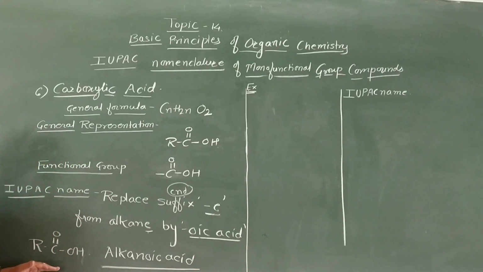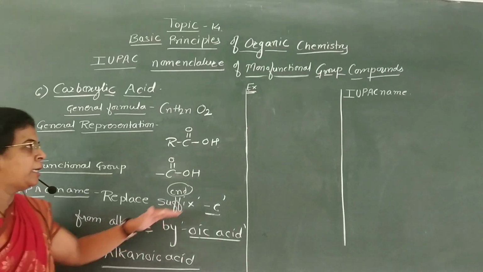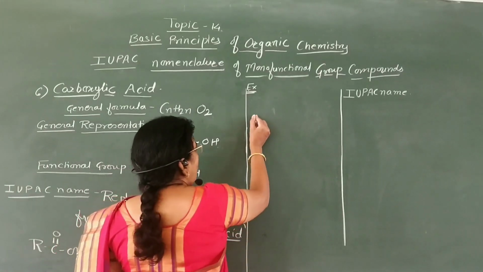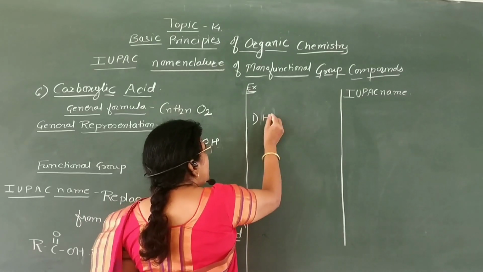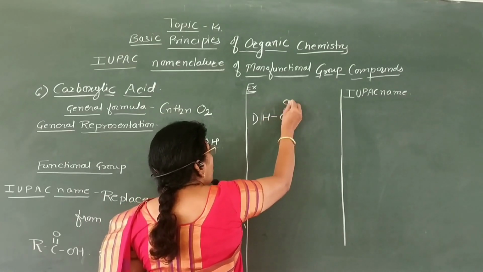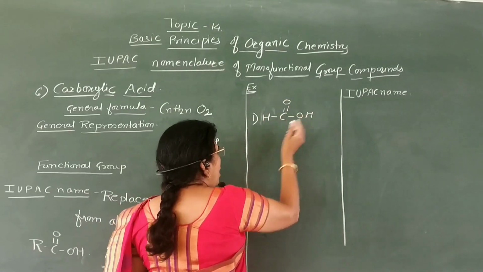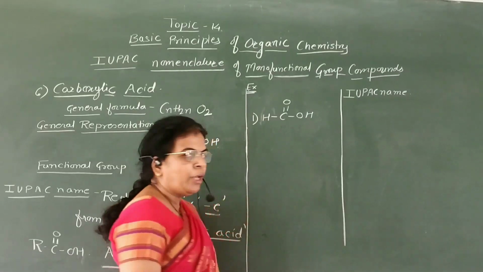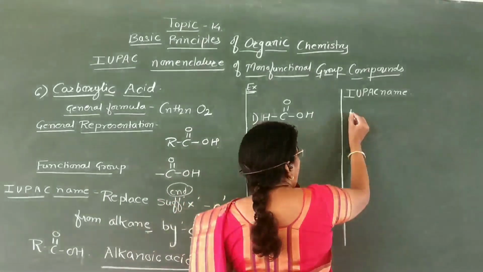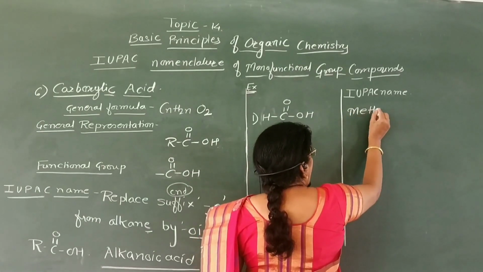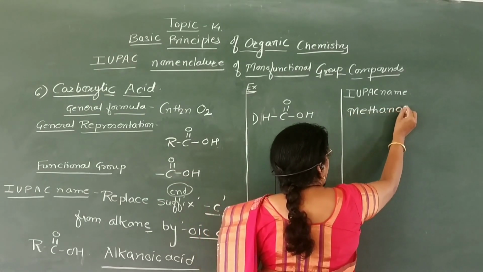Now we can understand this nomenclature using some examples. First, HCOOH. There is only one carbon atom, therefore the parent alkane becomes methane, and the IUPAC name of this acid is methanoic acid.